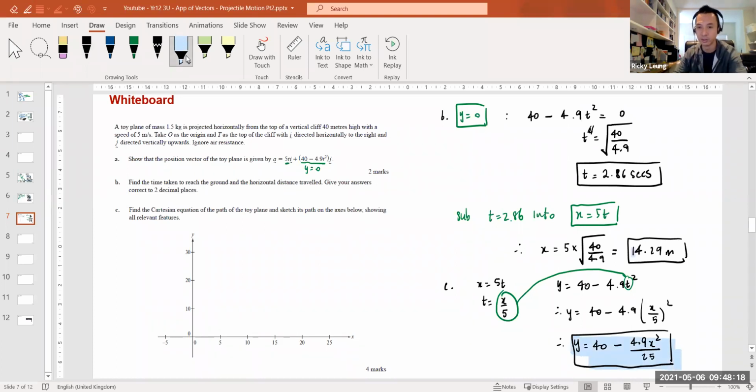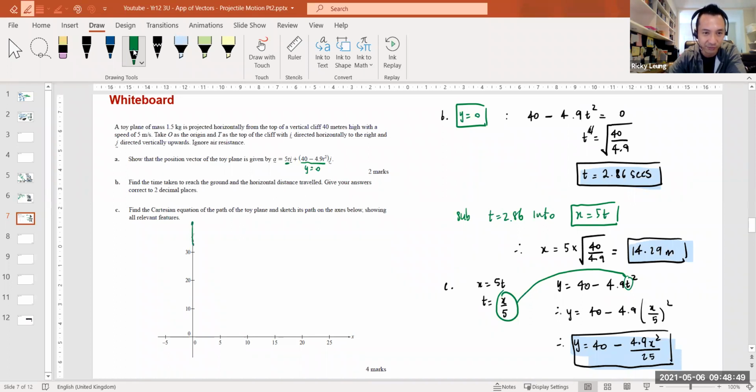Easy. And then the graph, they want me to graph it. So what do I know about the graph? I know that initially the vertical height is 40. This is x, this is y. Oh, why do I keep saying 30? I said 30 because it looks like 30 on this. The graph they gave you isn't high enough.